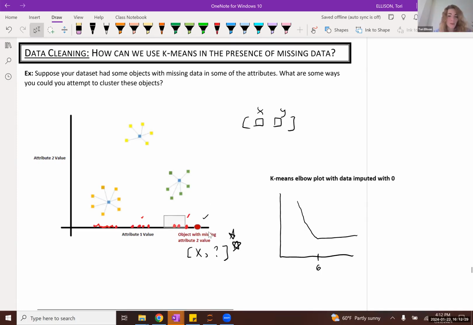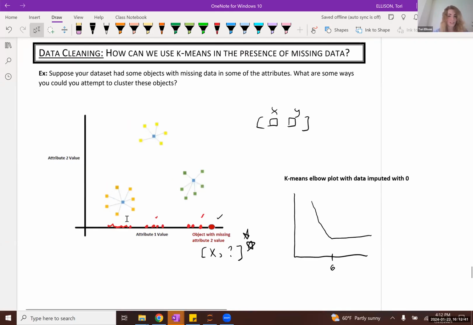It's entirely possible that these observations probably belong to this cluster, and these observations probably belong to this cluster. But because of this particular imputation method, we ended up creating these 3 additional meaningless clusters.